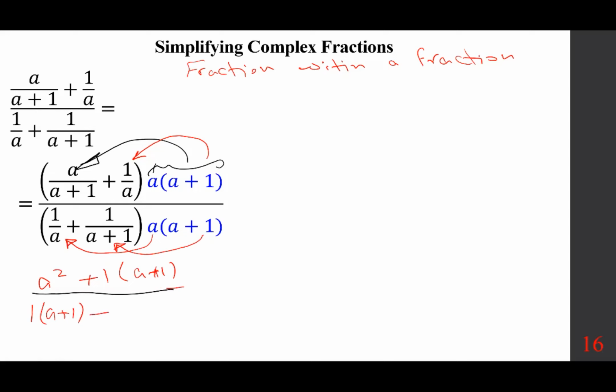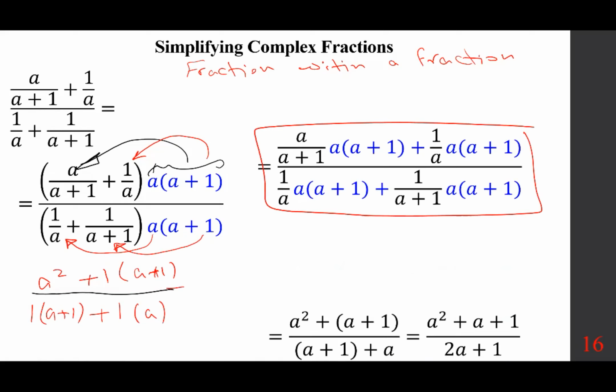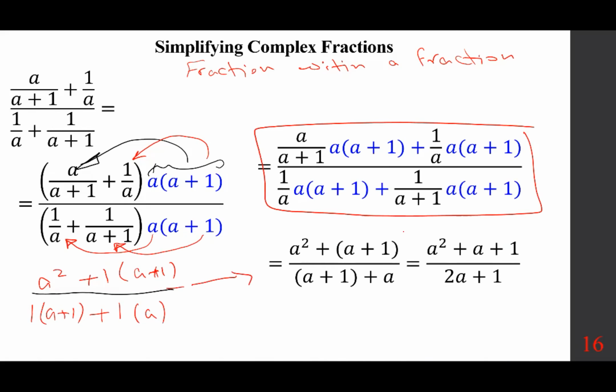Multiply this one, a plus 1 goes away, becomes 1 times a. However, it's showing you all those steps here. I wouldn't really waste time here. In other words, from here, all you have to do is simplify the top and the bottom by putting them together.